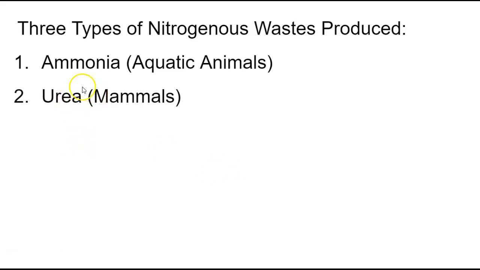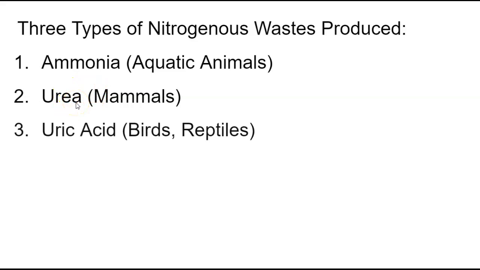That's what we're going to be talking about, since we're mammals. And then birds produce uric acid. And so they're just different forms of nitrogen waste. Ammonia is pretty toxic. These others are less toxic. And we're going to talk about how our body makes it less toxic.